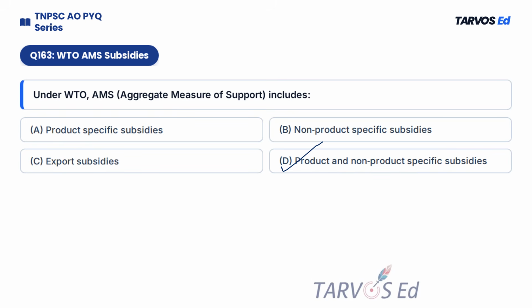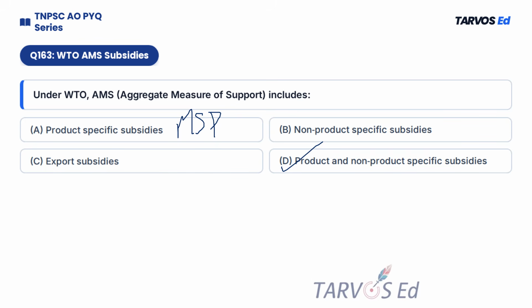For product specific subsidies, the prime example is MSP, minimum support price, that we provide for a particular product, for paddy or wheat or groundnut. So we directly provide support for an individual crop variety to guarantee a specific revenue to the farmers.